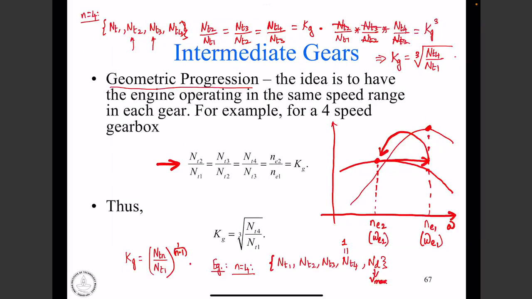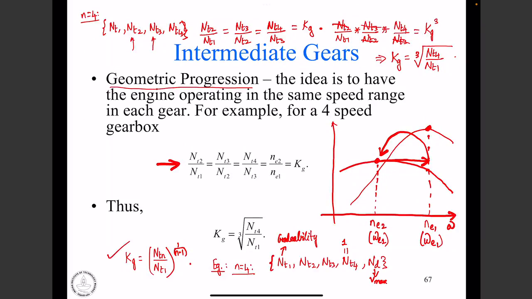Then we go and calculate NT1 from the gradability requirement. Because we know ND, we essentially have the first gear engaged when we are traveling upon the maximum possible grade. So we calculate NT1. Once we know NT1, and NT4 is anyway a direct drive, we know kg.